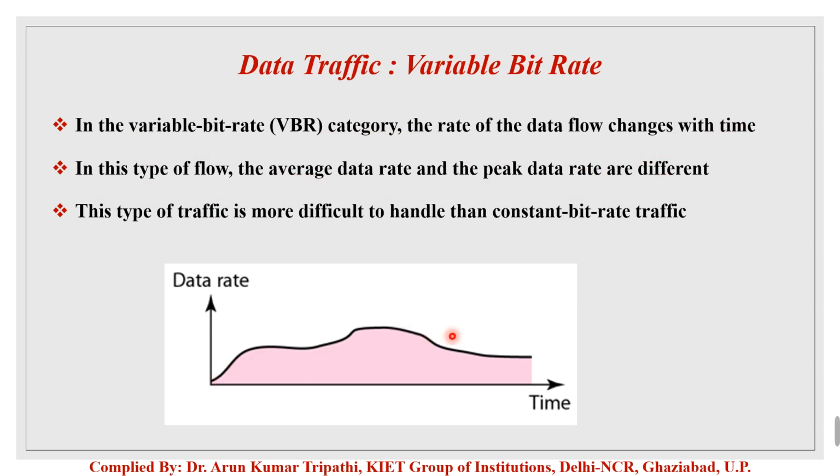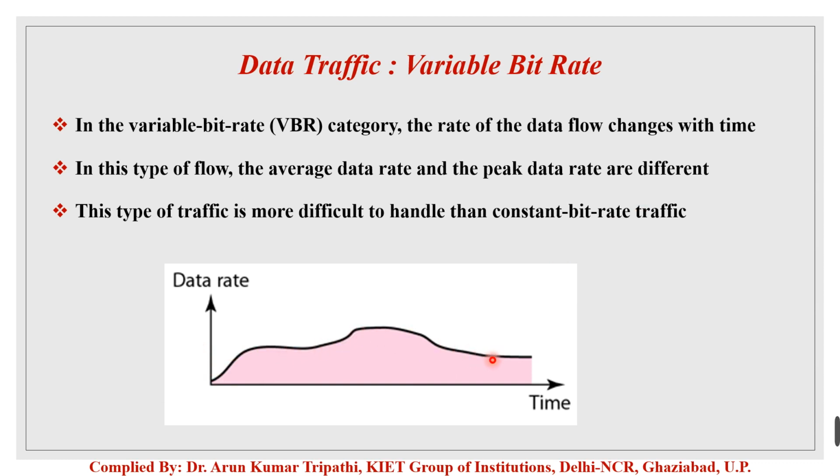This type of traffic is more difficult to handle than constant bit rate because the network does not know how much data there will be at any particular time. A point must be noted here: in variable data rate, the data is continuously flowing. There is no gap in the data transmission. Data is continuously flowing over the network.